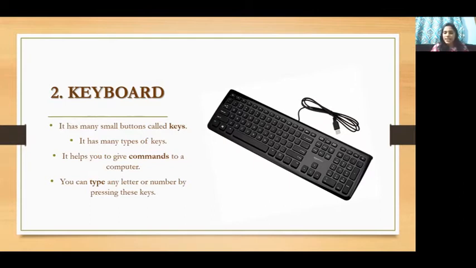See, look at this keyboard. There are lots of keys on a keyboard. These are small, small buttons, isn't it? Small buttons are there, and these small buttons are called keys.